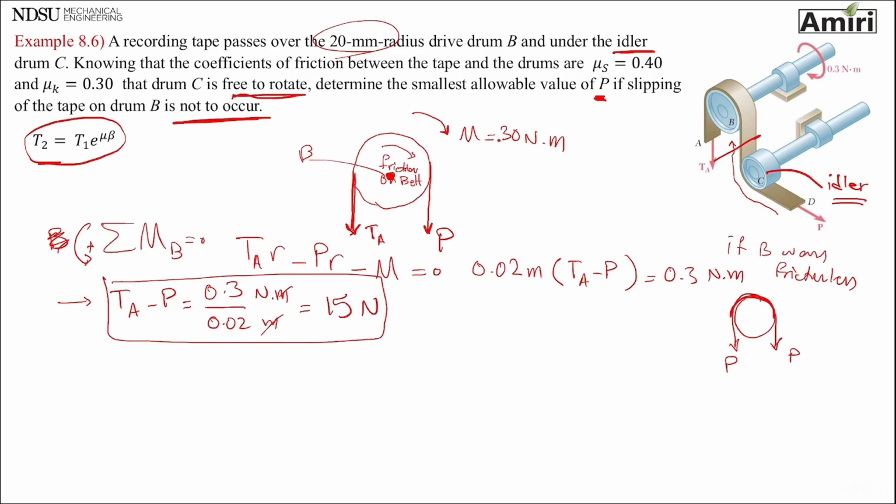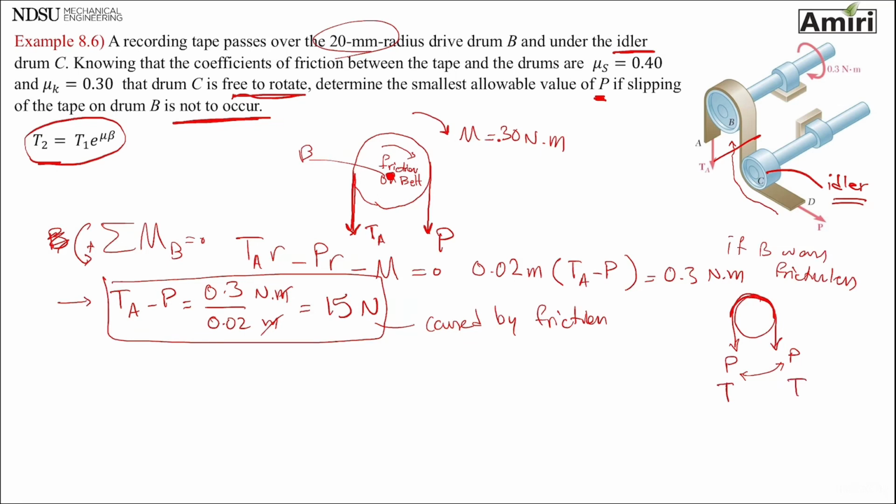The difference between those two is 15 newtons. And that is caused by what? That is caused by the friction. Up to this point, all the ropes, pulley systems, tapes, and belts that we have had were frictionless. P or T or whatever you want to call it was the same.